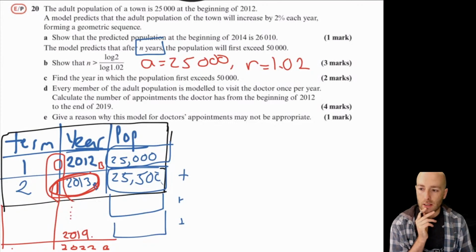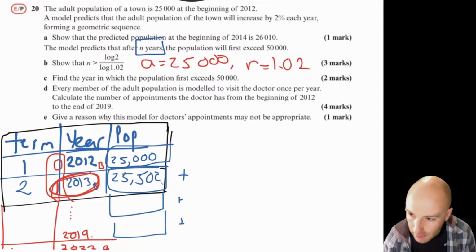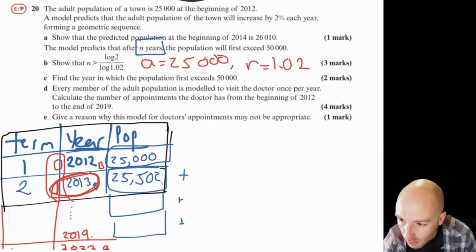So which term is that I need? Well, term 1 was 2012, term 2 was 2013. Which term is 2020 going to be? Sorry, 2022.